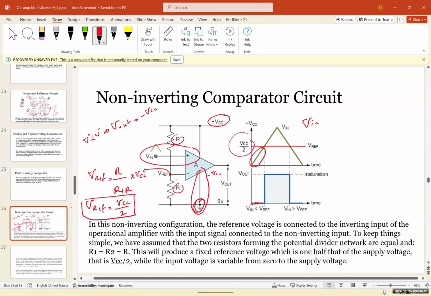So the output would be ground. And when V positive is greater than V negative, then V out would be equal to positive VCC. At this point, V positive is greater than V negative, therefore V out would be positive VCC. You can see it shifts to positive. And again, when it's less, it's going to go back.